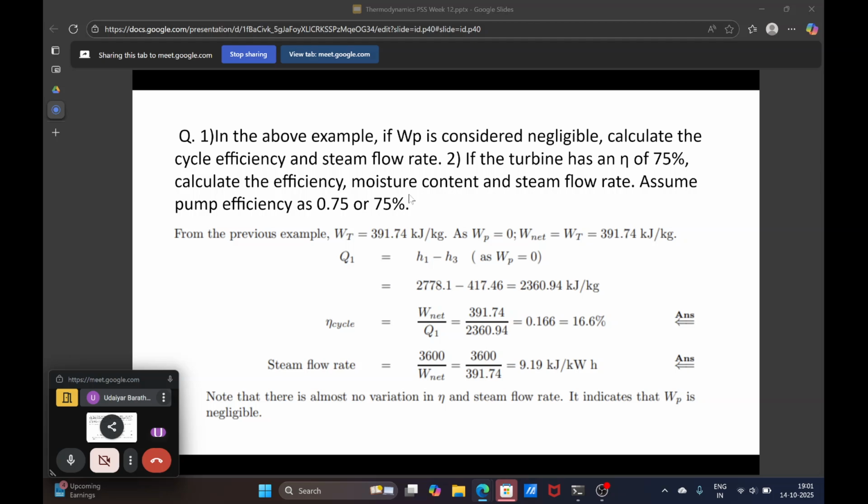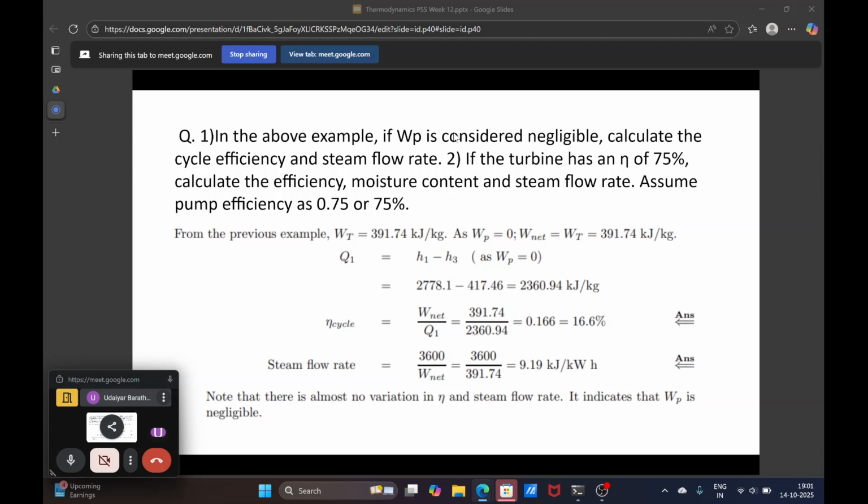From the previous example, the turbine work is 391.74 and the pump work can be neglected, taken as 0. So the net work will be the turbine work, which is 391.74 kilojoule per kg. And Q1 is H1 minus H3.